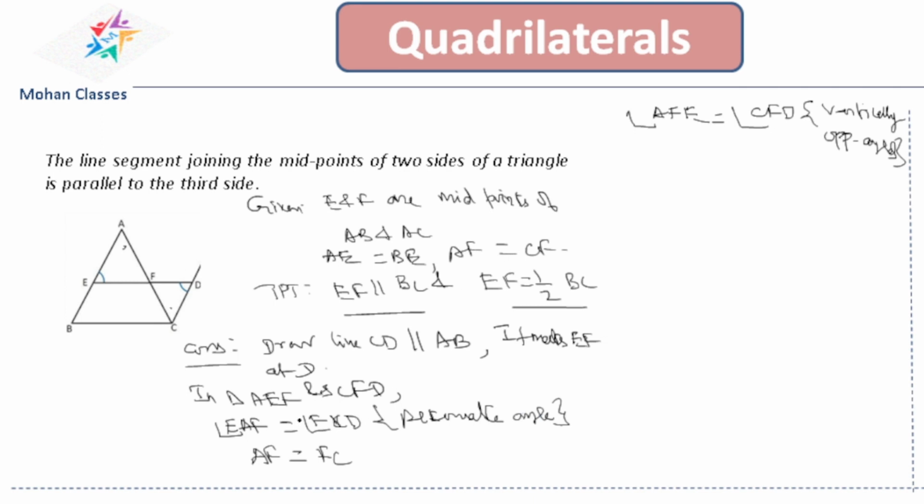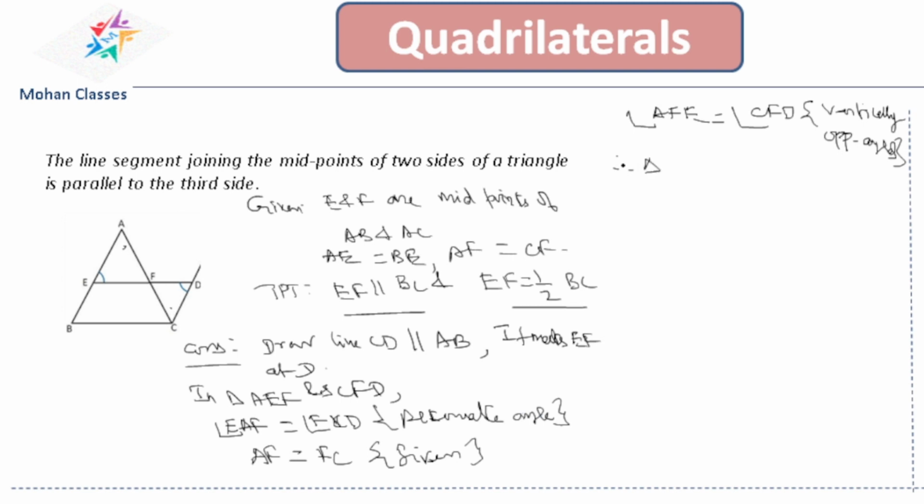Clear? So what we did: EAF is equal to FCD, alternate angle; AF is equal to FC, it is given because F is the midpoint; AFE is equal to CFD as vertically opposite. These two triangles are congruent.